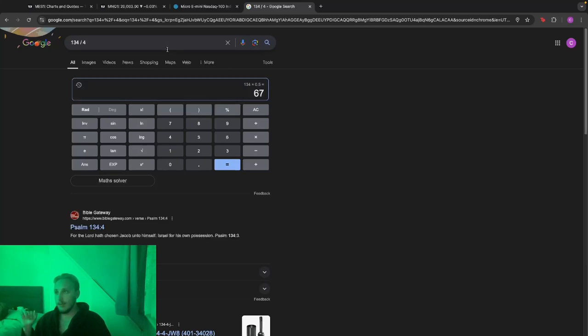So 2 contracts would mean my risk is 134. If we add another 67, that's 3 contracts, so my risk is 200. Another 67, so 4 contracts, my risk would be about 0.5%.